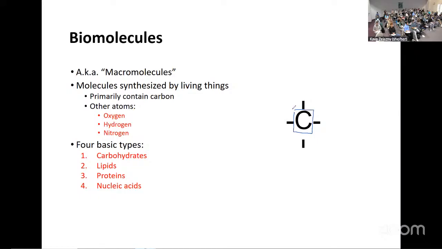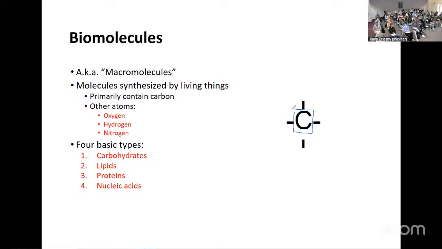Carbon is a basis for life. We've got carbon in our biomolecules, our organic molecules. Other atoms that we'll see commonly include oxygen, hydrogen, and nitrogen. Those are the main ones to focus on, although we'll see other trace elements. Phosphorus will play a big role in a couple of these. So mostly carbon, oxygen, hydrogen, nitrogen.